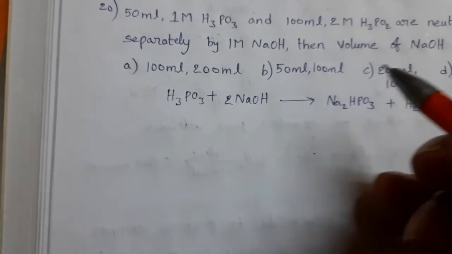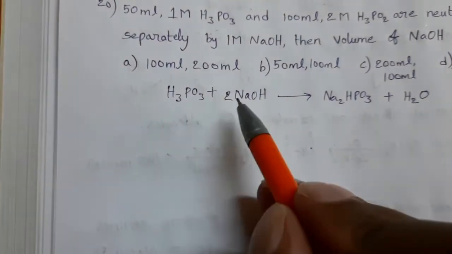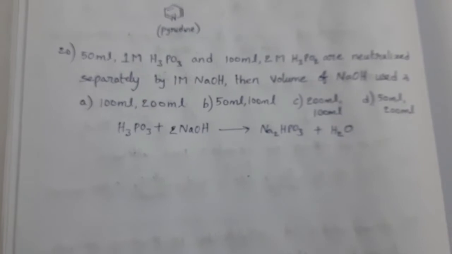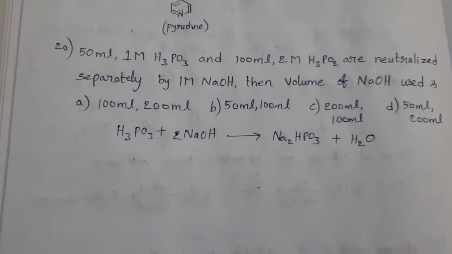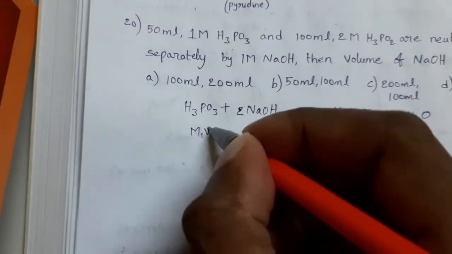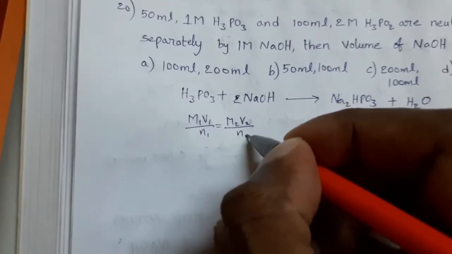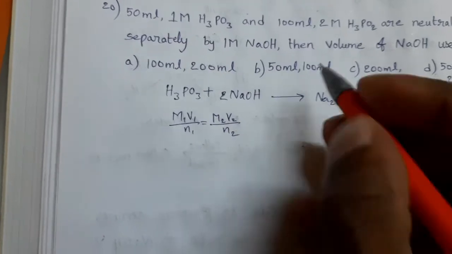Now according to the equation, 1 mole of acid reacts with 2 moles of base. We have to find the volume of NaOH required for this neutralization. The suitable formula is M1V1 by n1 equal to M2V2 by n2, where these are related to acid and these are related to base.